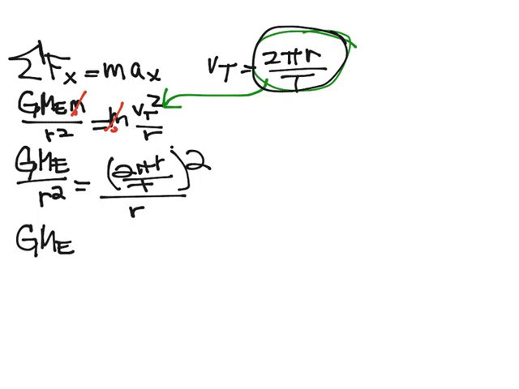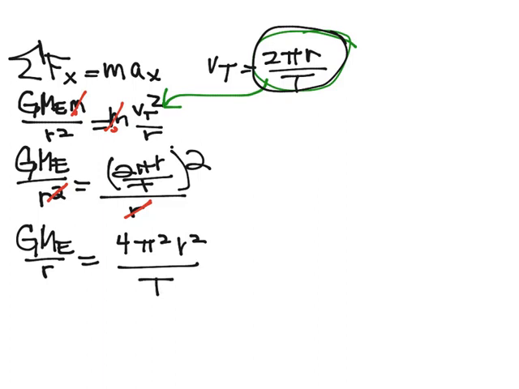Before I do, I notice that I have two r's on the bottom, not inside of my squared, and that this will cancel out with this one. So I have G me over r is equal to 4 pi squared r squared divided by t squared.